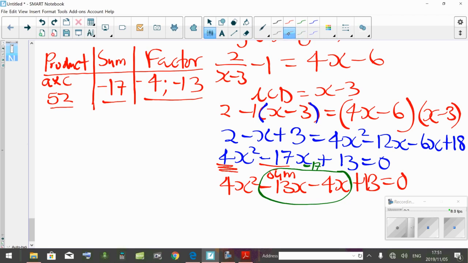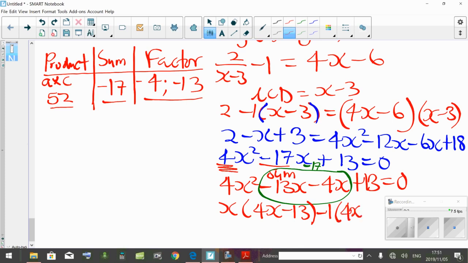Right, moving on, now I do factorization by grouping, which I learned in grade 9. Factor out x, I have 4x minus 13, and I factor out negative 1 here.